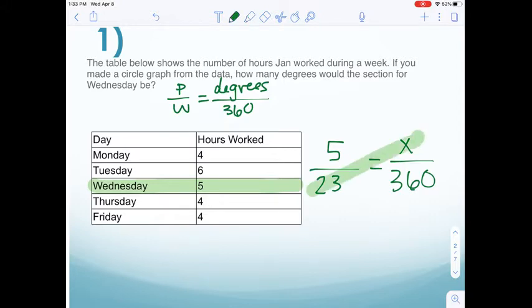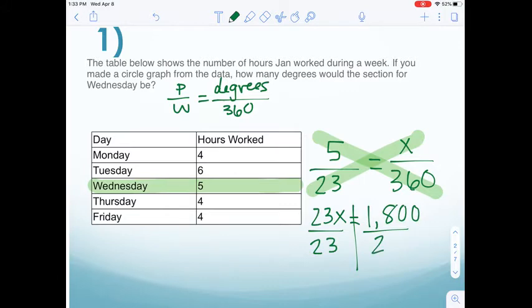23 times x is 23x. Set that equal to 5 times 360. 5 times 360 is 1,800. Then I'm going to divide both sides by 23 because I want to get x by itself.